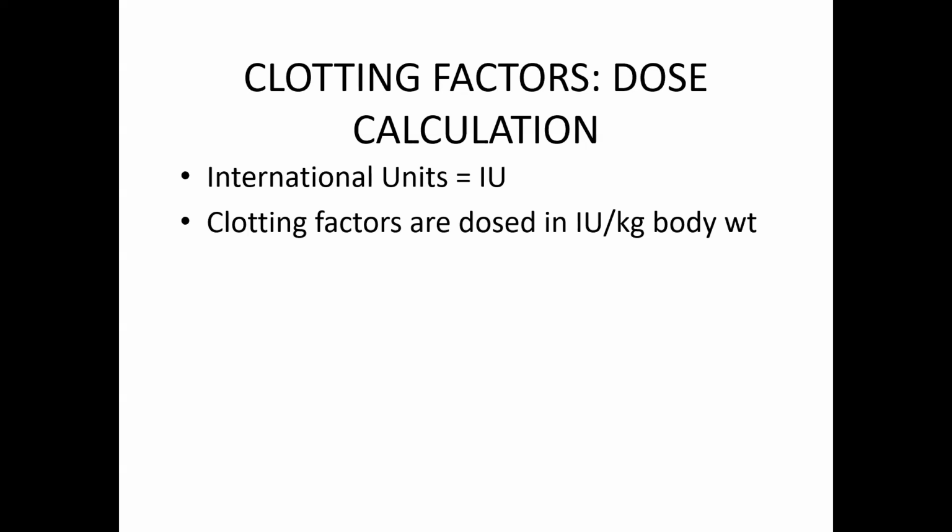The first thing we aim to do is replace the absent factors as we manage the other side effects of bleeding. Clotting factors are given in international units, calculated in international units per kg body weight.